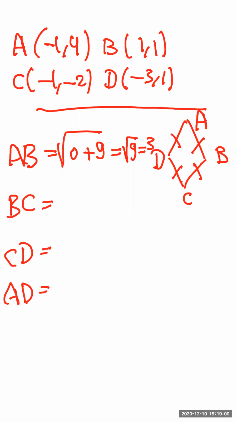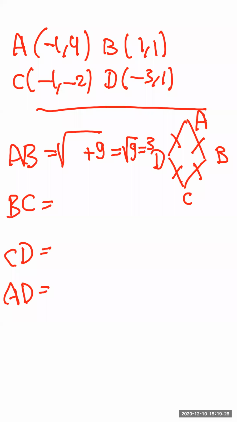Okay, so the first, just one second, guys, I have to check something. A (-1, 4), B (1, 1), C (-1, -2), D (-3, 1). Yes, exactly. So AB. Sorry, guys. It's 1 minus -1, so 2. Squared means 4. Why 0?